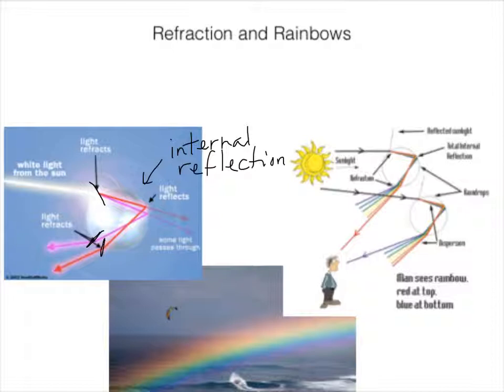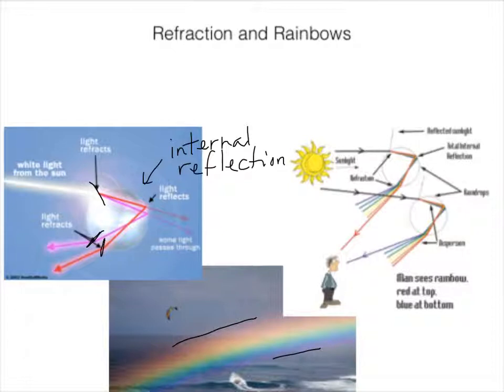Now, you'll notice that in every picture of the rainbow that I showed you earlier, rainbows always have the red on top and the purple on bottom. And that's because of where you are when you are viewing the refracted light coming through those raindrops.